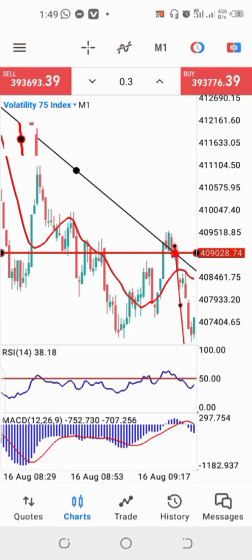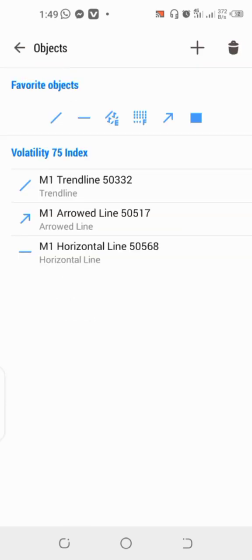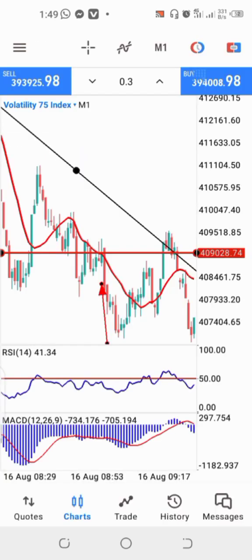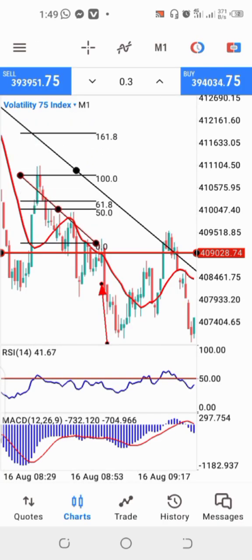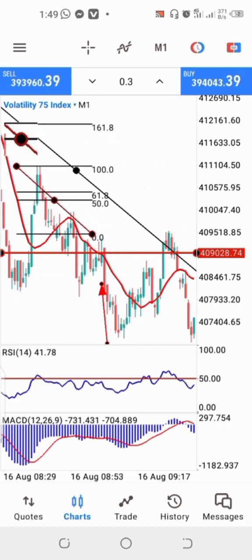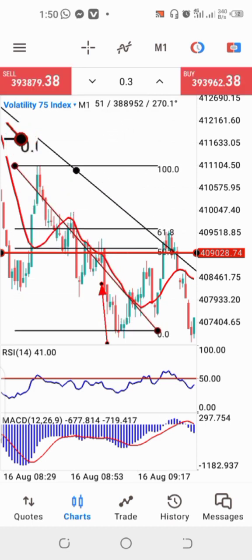So at this point again, apart from the fact that it has touched the trend line, it has retraced back 50% to 61% level, from here to here. Using your Fibonacci tool, let's get the exact retracement level, from here to here.